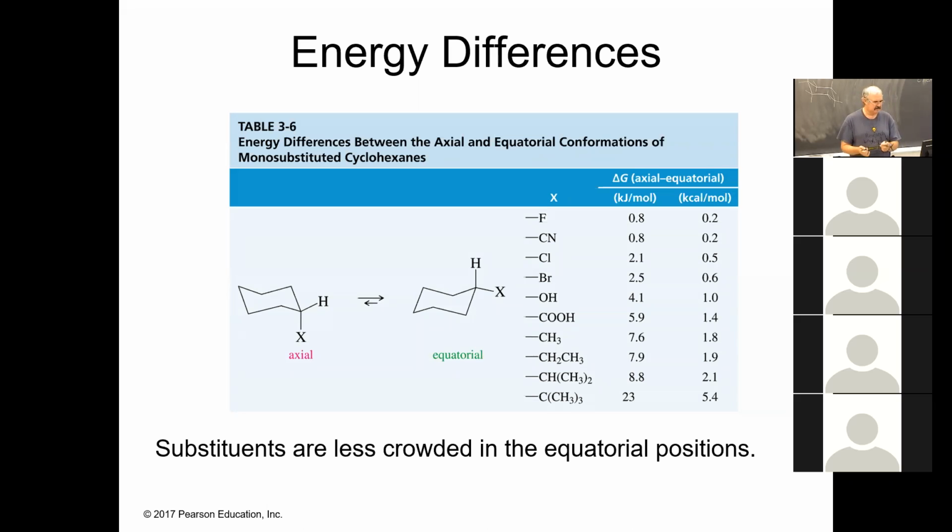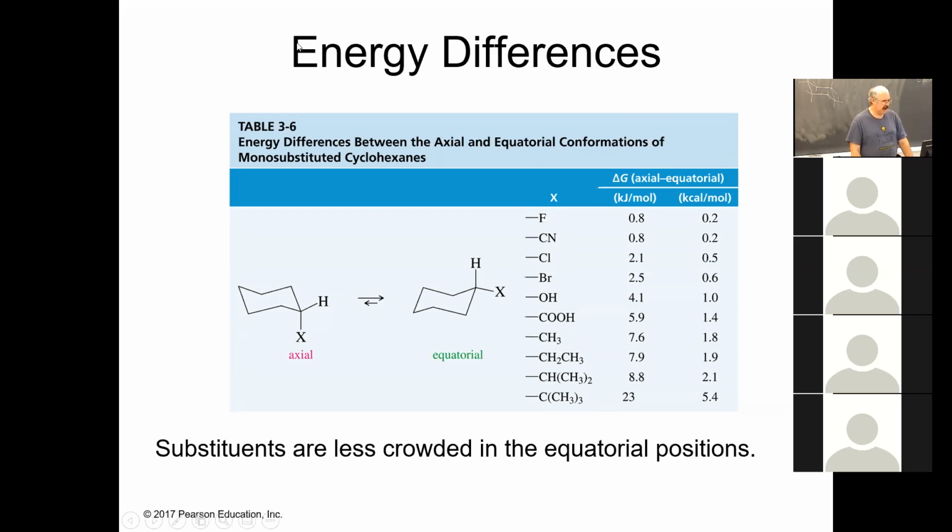It prevents equilibration. Okay, so the tert-butyl, if it can, it has to be in the equatorial. Unless you have another tert-butyl group, if we have trans 1,3 di-tert-butyl, then of course the other tert-butyl would have to be axial, but anything else, the tert-butyl group has to be equatorial, and the ring is effectively locked.